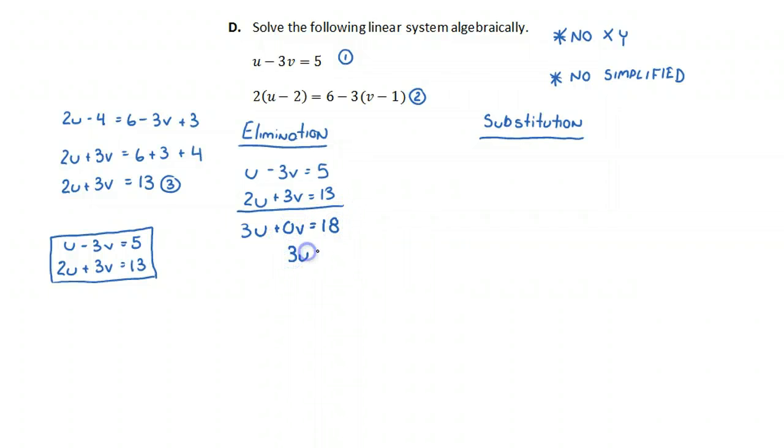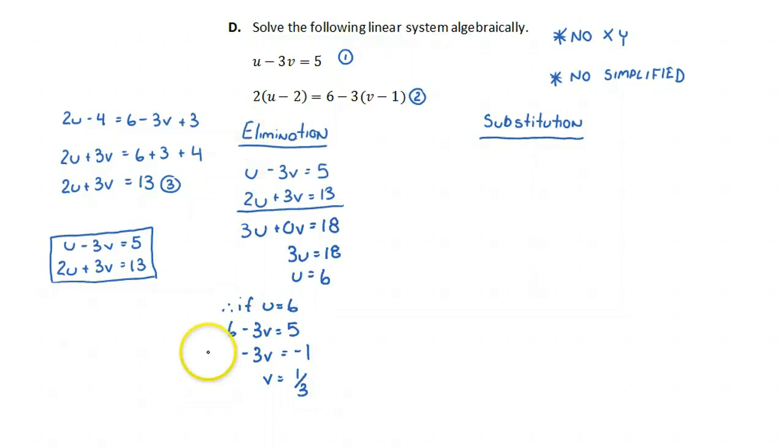So 3u equals 18, so u is equal to 6. That's a nice little observation there. So therefore, if u equals 6, we can say 6 minus 3v equals 5. Negative 3v is equal to negative 1. v is equal to 1/3. And I'm done.